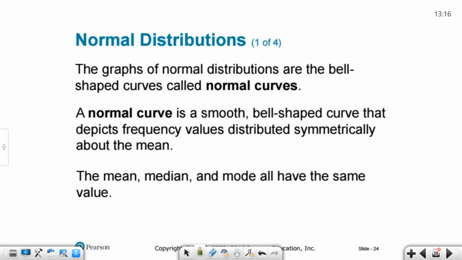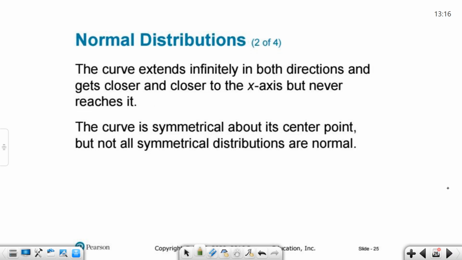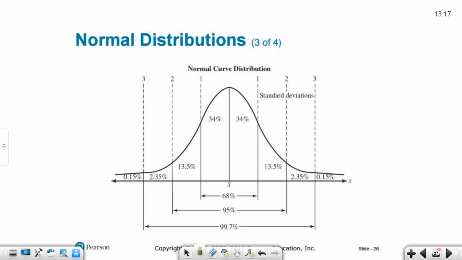They also talk about normal curves. You might have heard before that data is shaped based off of a normal curve shape, and this is the normal curve shape. This will also be provided for you on your final exam.